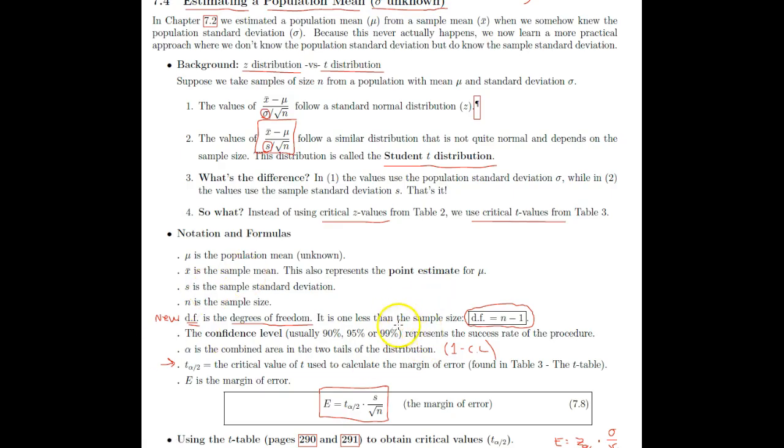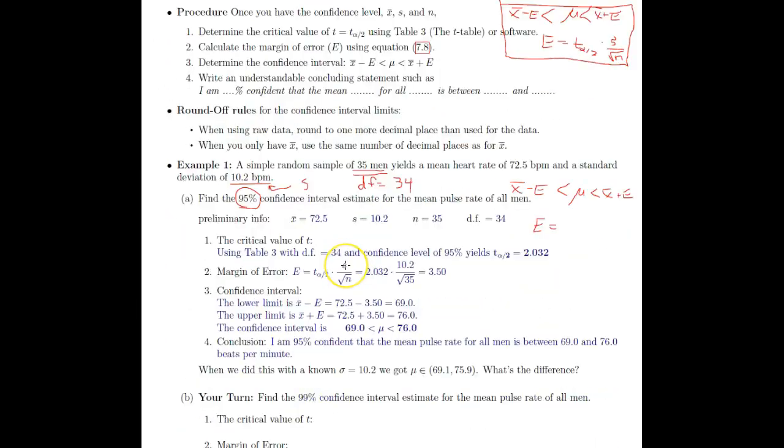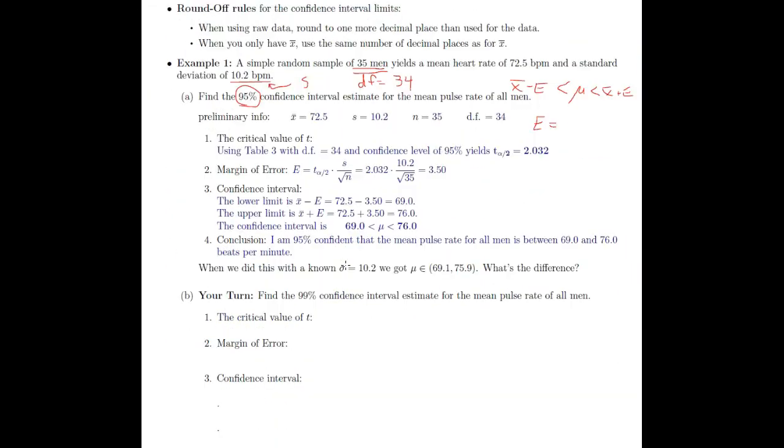So that is where, in our example on page 114, we have a t sub alpha over 2 of 2.032. So our E is 2.032 times s over root n.